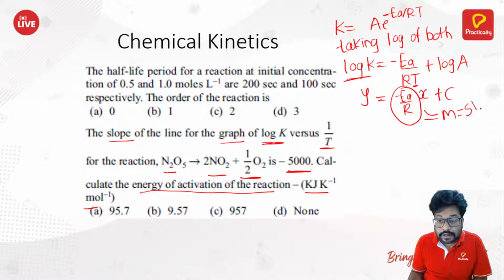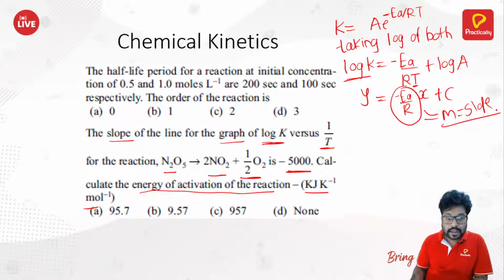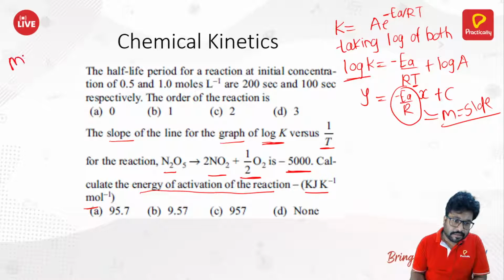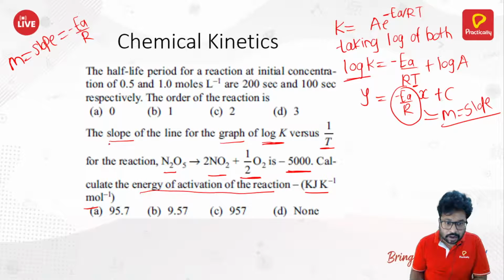M is equal to what? Slope. Okay, and they have given the value for slope, minus 5000. So from that you can calculate, right? Your M is equal to slope is equal to minus Ea by R, and the value of slope is given, it's minus 5000.